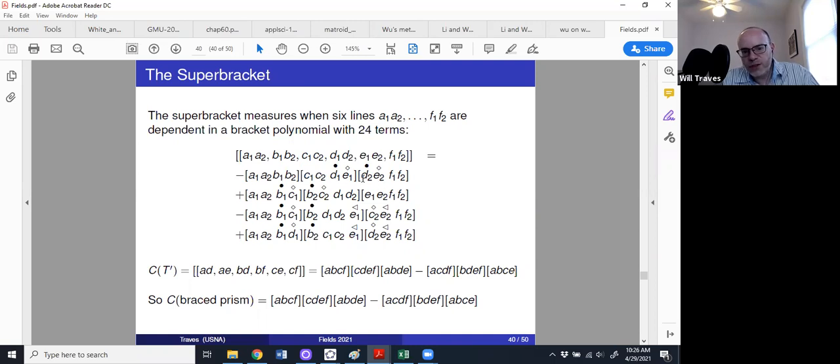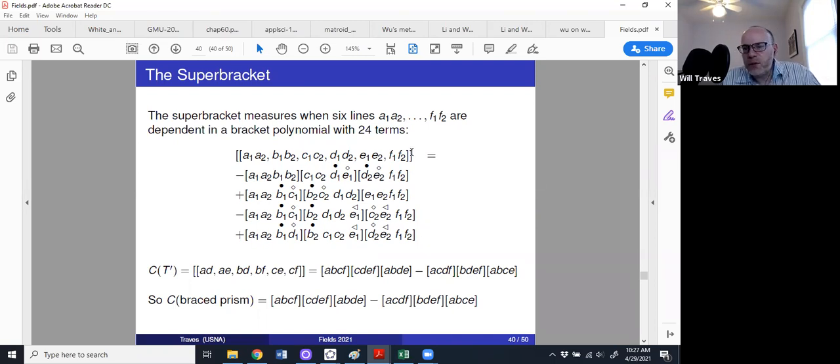So you've got 2 permutations here, each of order 2, and they generate 4 brackets. So this line here really represents 4 brackets. This next term represents 4 more brackets. Here there's 3 permutations, each of order 2. So that represents 8 brackets and 8 more brackets, and that's the 24 terms.